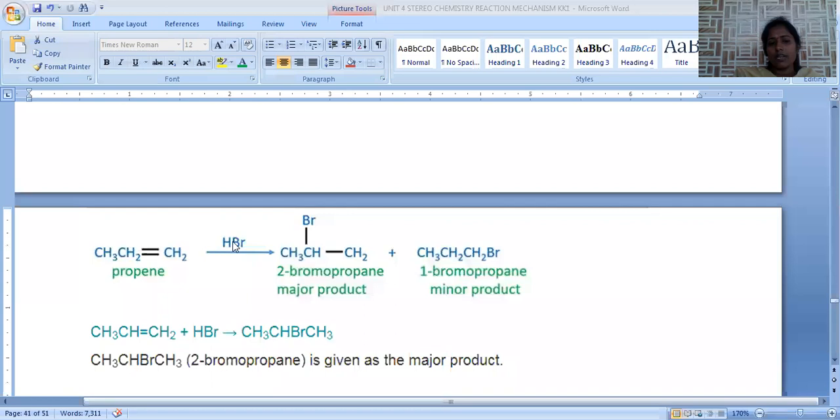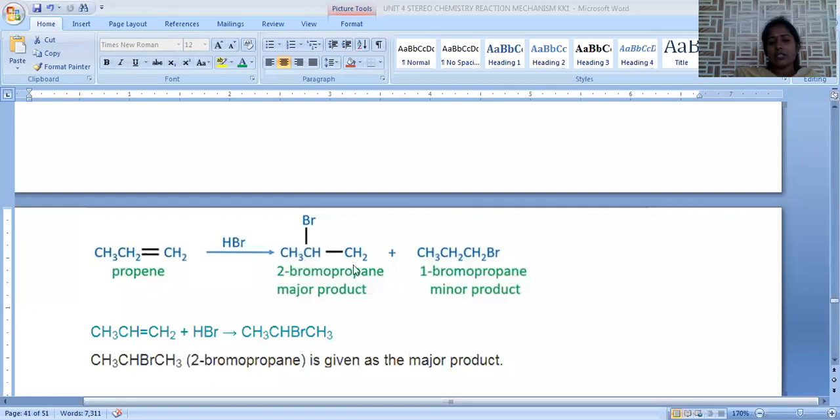And another possibility is Br can be attached to first carbon, hydrogen attached to second carbon, that is 1-bromopropane. But among 2-bromo and 1-bromo, 2-bromopropane is the major product. Around 70% of 2-bromopropane is formed, and the remaining 30% we will get 1-bromopropane as the minor product.